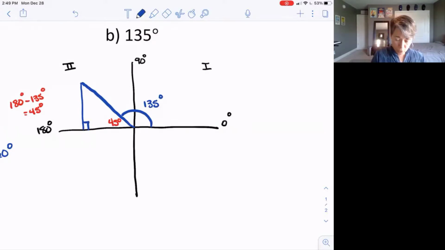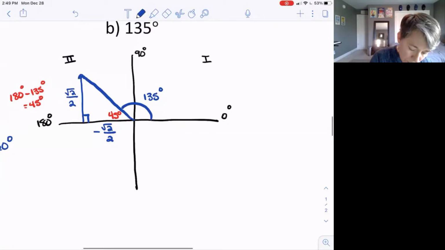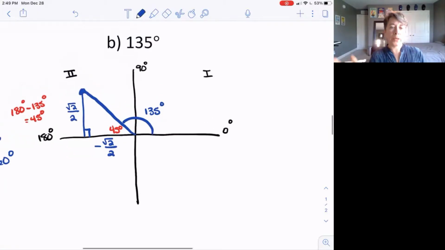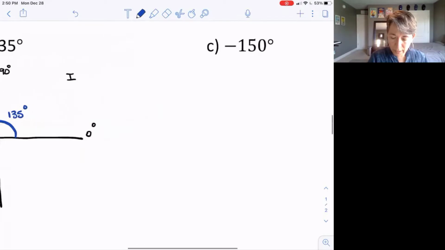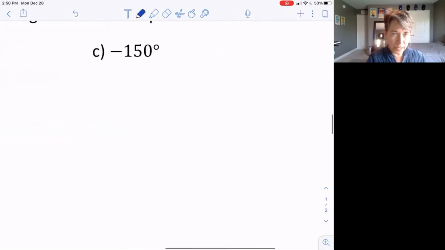We'll have an x-coordinate of a negative rad 2 over 2 and a y-coordinate of a positive rad 2 over 2. So that means this point of a 135-degree angle is a negative rad 2 over 2 and a positive rad 2 over 2.